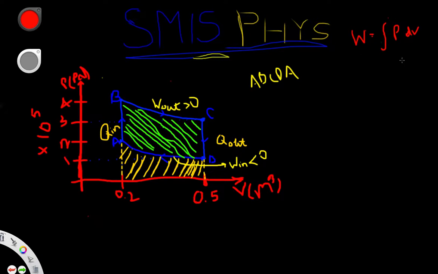Now, back to calculating the work done during this process. As I said, work is the integral of PdV. You won't really need to state this during your physics exams, but just keep in mind that this is the actual definition. So, in this case, since there's no work done during AB and CD, let me just rewrite that.